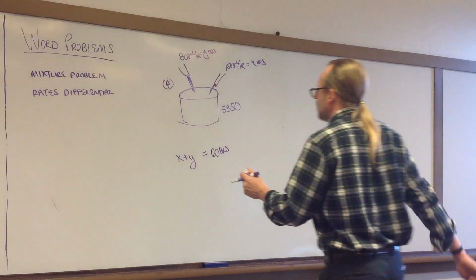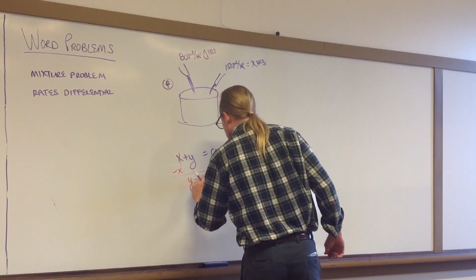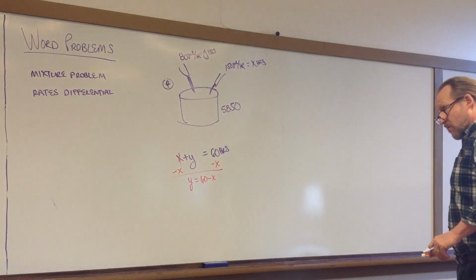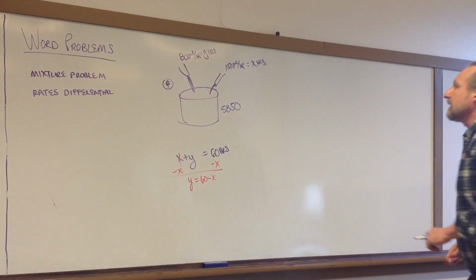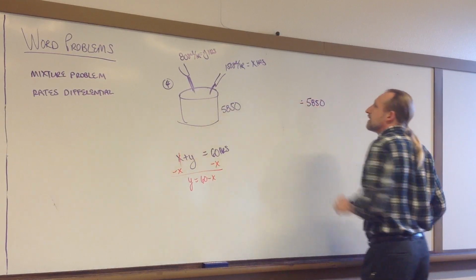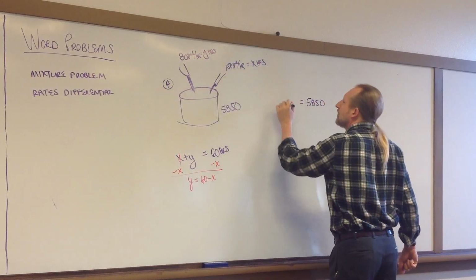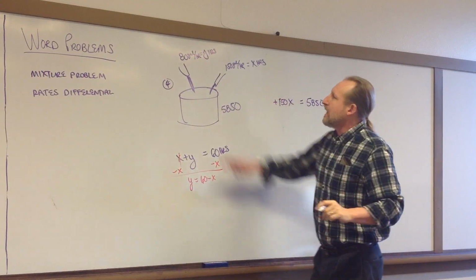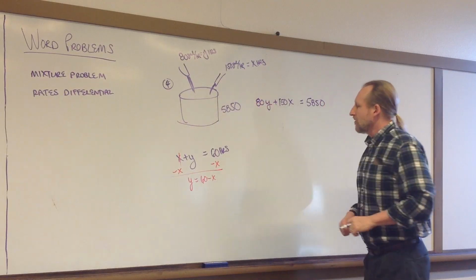And then if we get the y by itself, y is 60 minus x. Okay, so now the important equation is the one that says to get these 5,850 gallons into the tank, we've got to take 150 gallons per hour times x hours and add it to 80 gallons per hour times y hours.